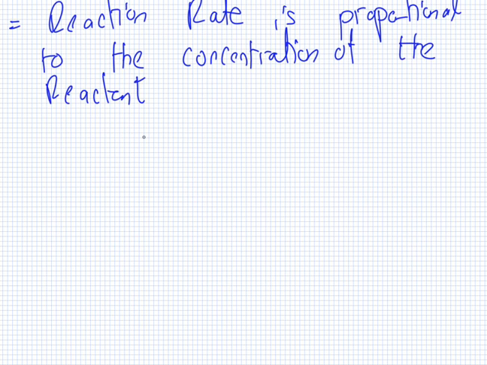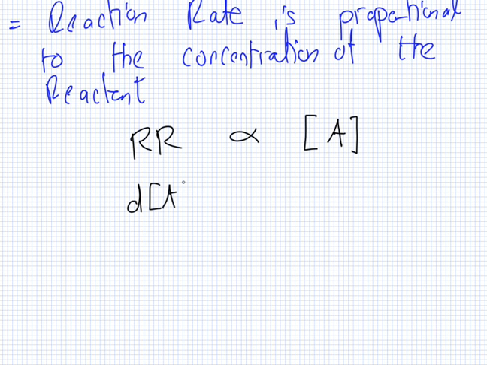So I'll write that the reaction rate is proportional to the concentration of the reactant. And I'll just call my reactant A, whatever it is, HCl, whatever. Reaction rate is, remember, the rate of change of concentration. So here we have the rate of change of concentration.